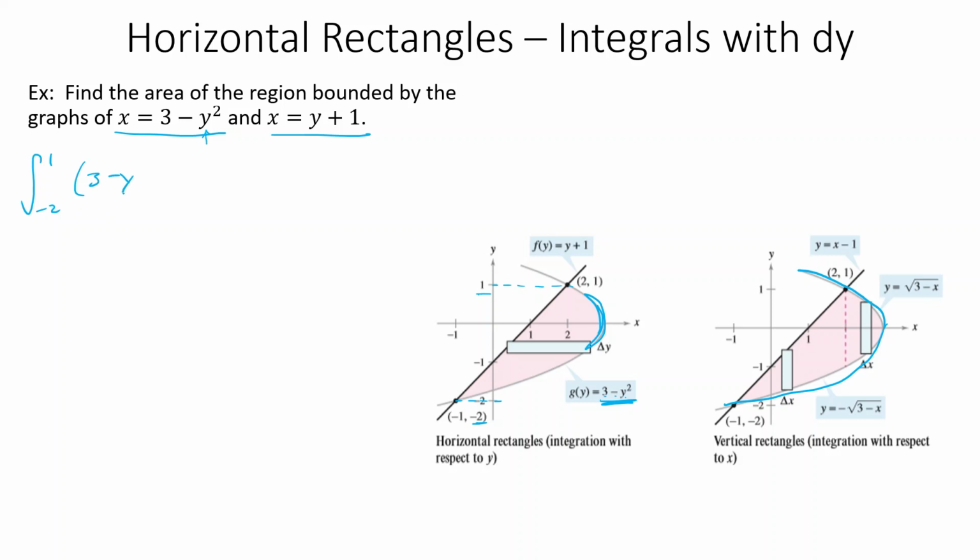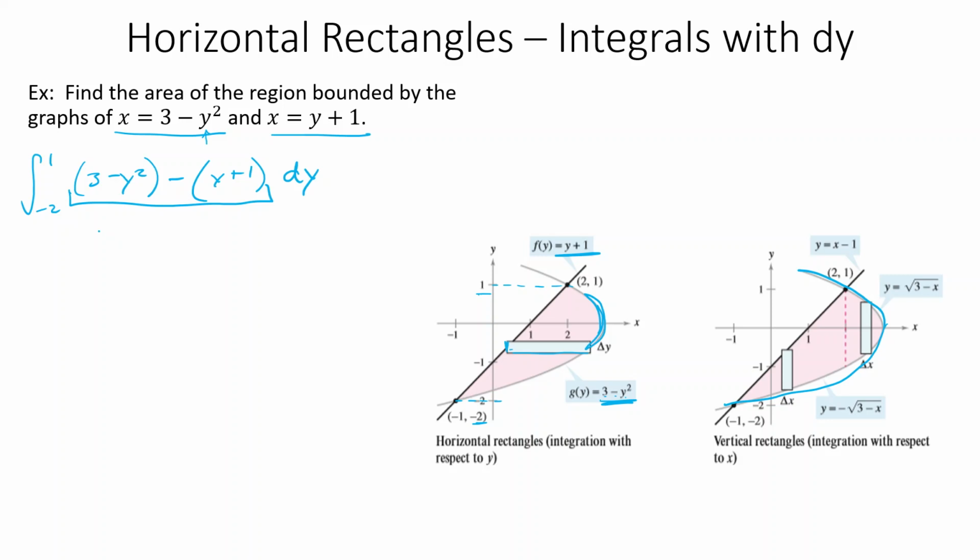So we do 3 minus y squared minus the line here, which is the other one, the y plus 1. And we're integrating with our rectangles with a width going up the y-axis, so it's dy. And the height is just the difference between these two curves, which is this inside the integral here.